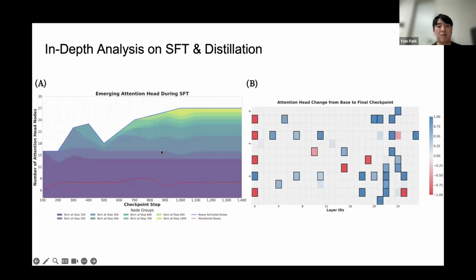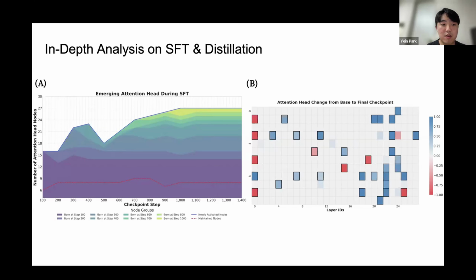And this is some kind of overall plot. We made circuits for every checkpoint of SFT using the datasets, and we also mapped attention heads starting from the base model.